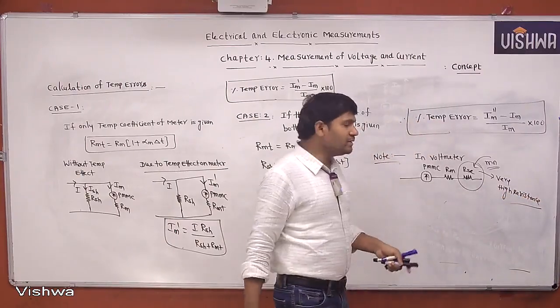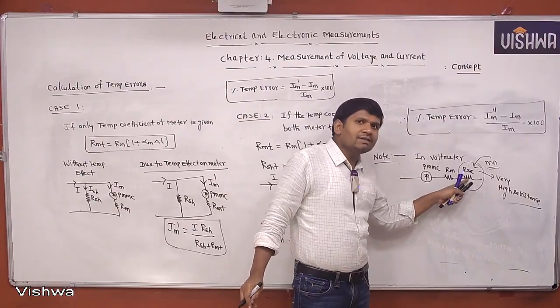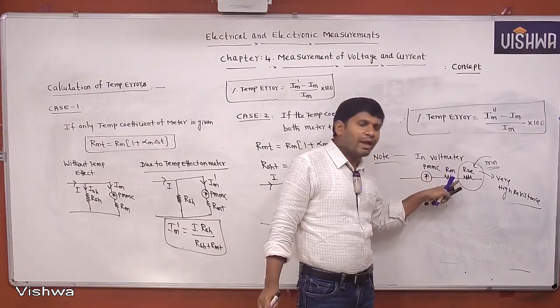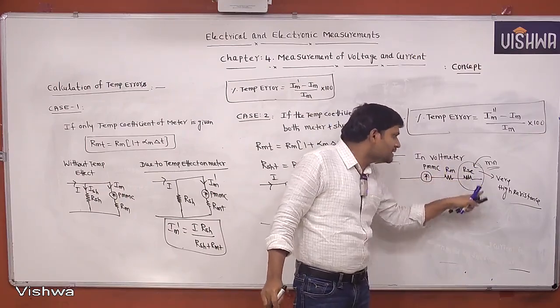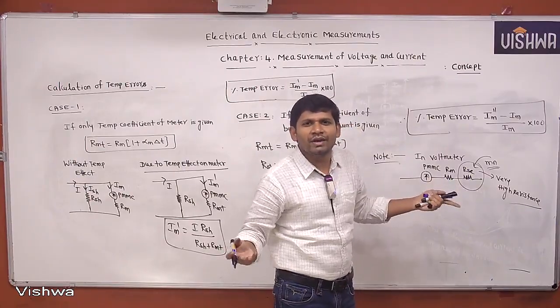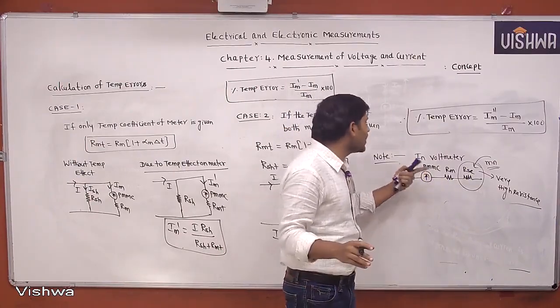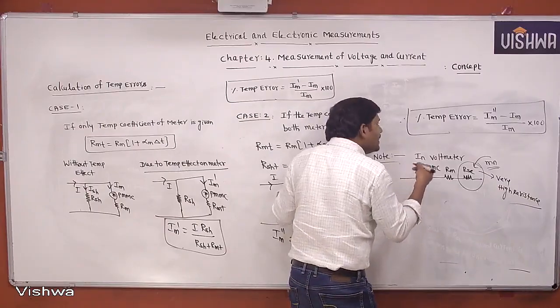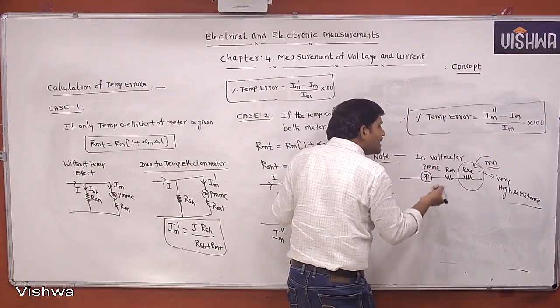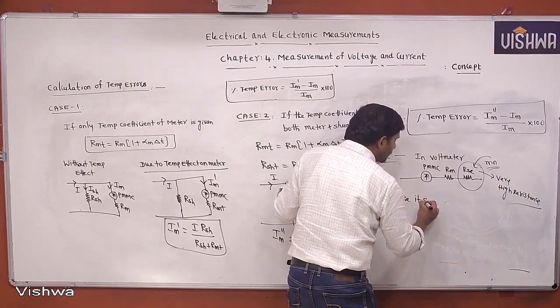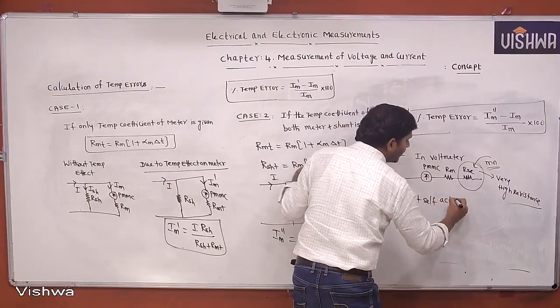Understood? That means the manganin resistance is already connected in series with the meter. Hence, the series resistance itself acts as a swamping resistance. That's the reason why there is no need of any external swamping resistance in the case of a voltmeter. In a voltmeter, the series resistance itself acts as swamping.